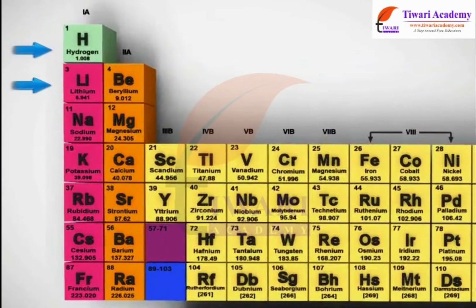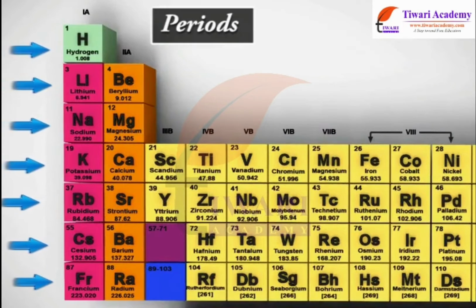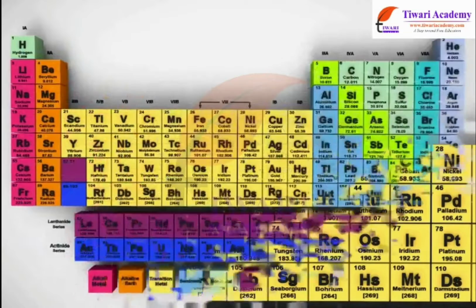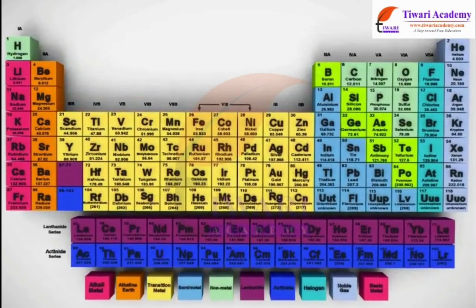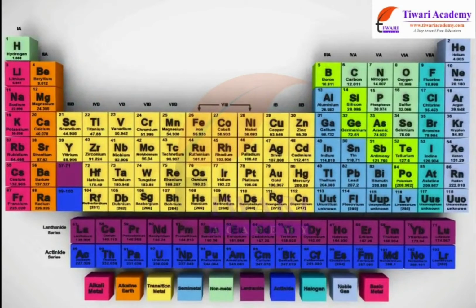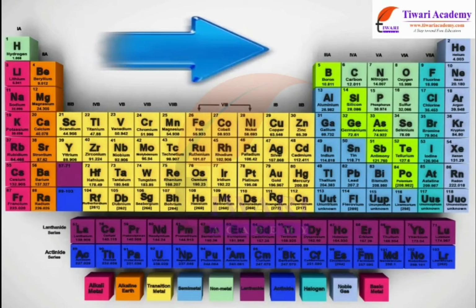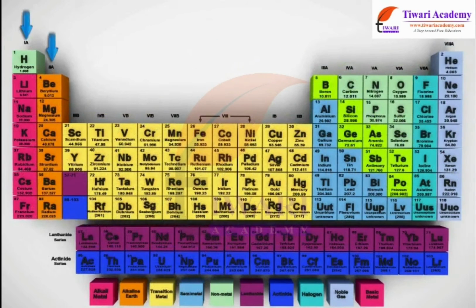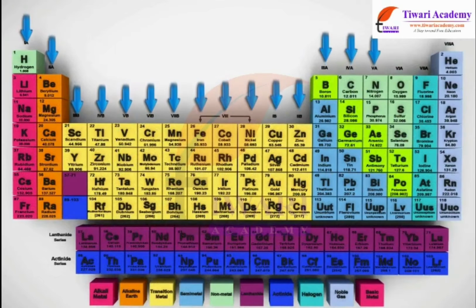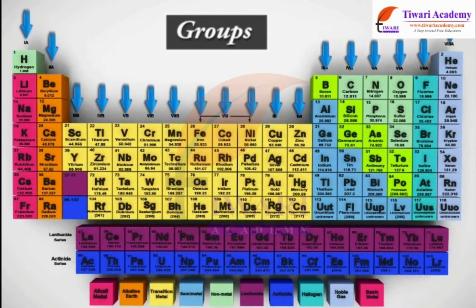The horizontal rows present in the periodic table are called periods. Properties of elements in a particular period show regular gradation, that is, increase or decrease from left to right. The vertical columns present in it are called groups.